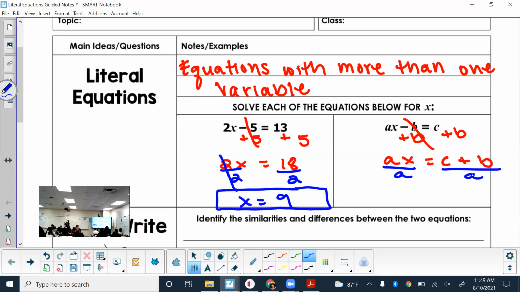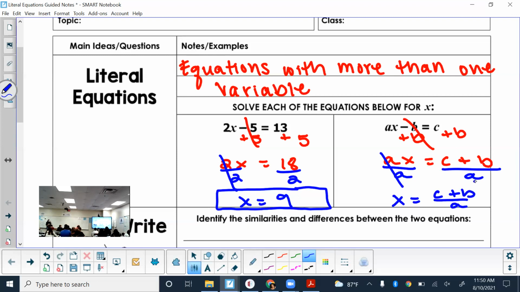So make sure it looks like it. Put the line under the whole thing, divided by a. On the left side, what happens to the a's? They cancel out. Then we get x equals, can we simplify anything over here? No. So we're just going to rewrite it.